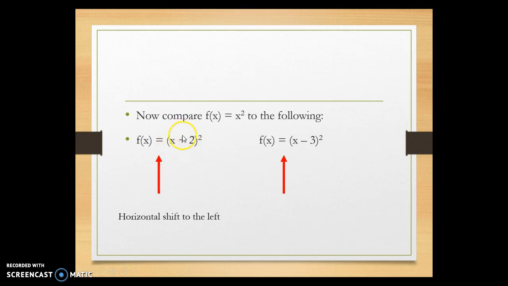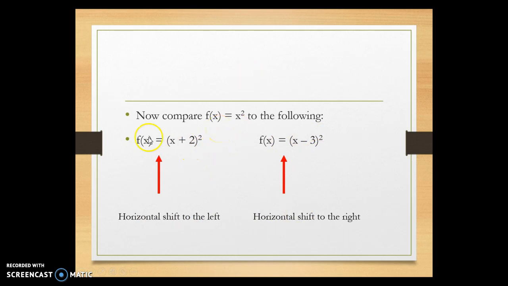This ends up being plus 2, so that really means that this 2 is negative, so we actually move the parabola back 2. And in this case, the x minus 3 is actually a forward, or to the right, shift of 3. So when you're inside the parentheses, inside the square, it's a horizontal shift. When you're outside, like the last example, it's a vertical shift.